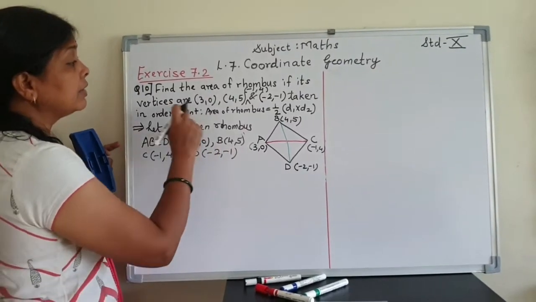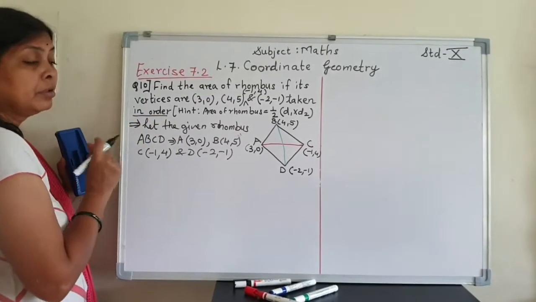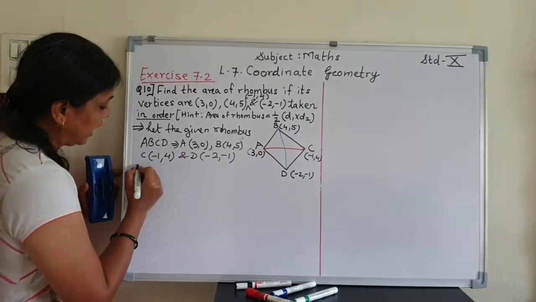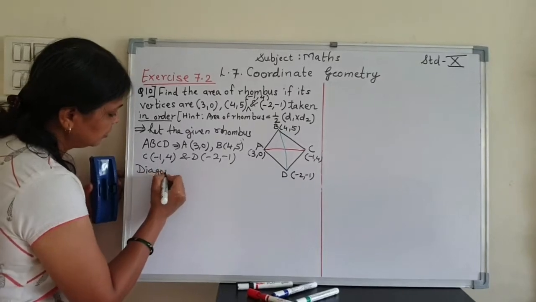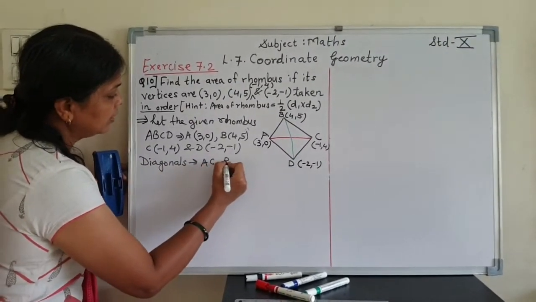Now we have to take these in the same order because that is how they have given us. So the diagonals are here. Mention these diagonals: AC, BD.